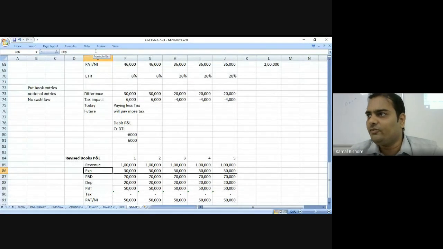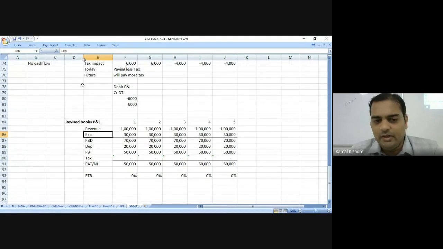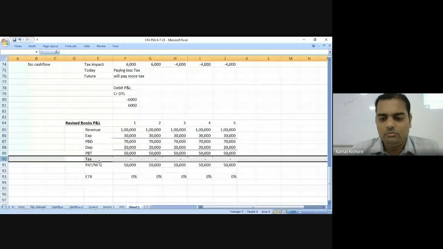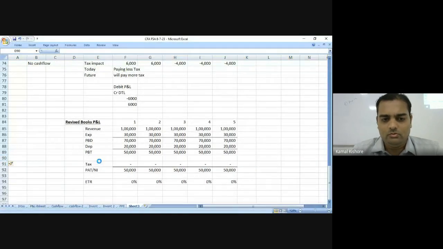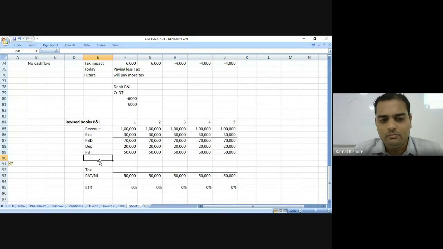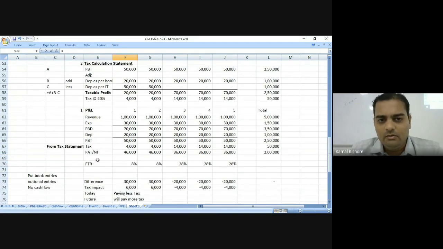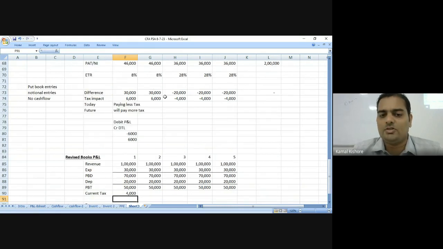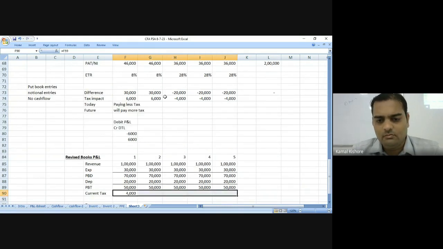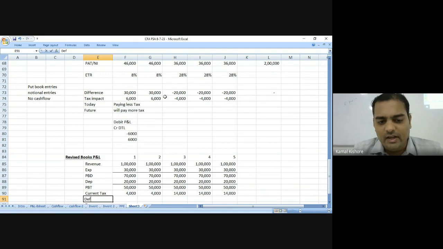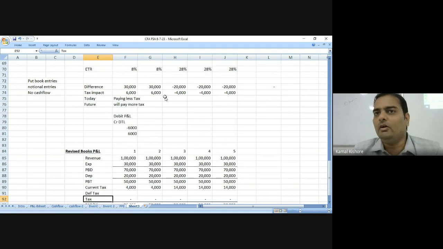Revised books, that means after accounting for deferred tax. Let me do it, then you can make a note. Everything is the same. Current tax is how much? As per the tax calculation sheet. Okay. Deferred tax. What did you say? Debit your P&L.